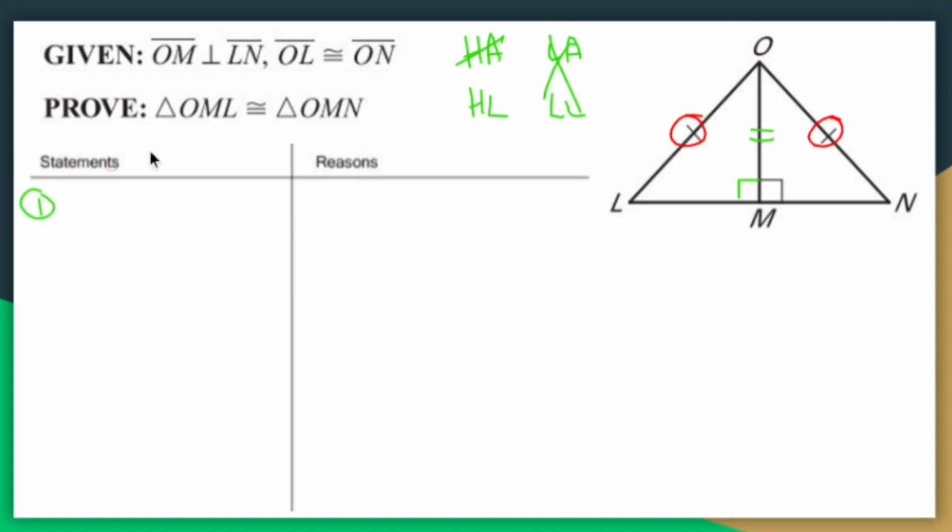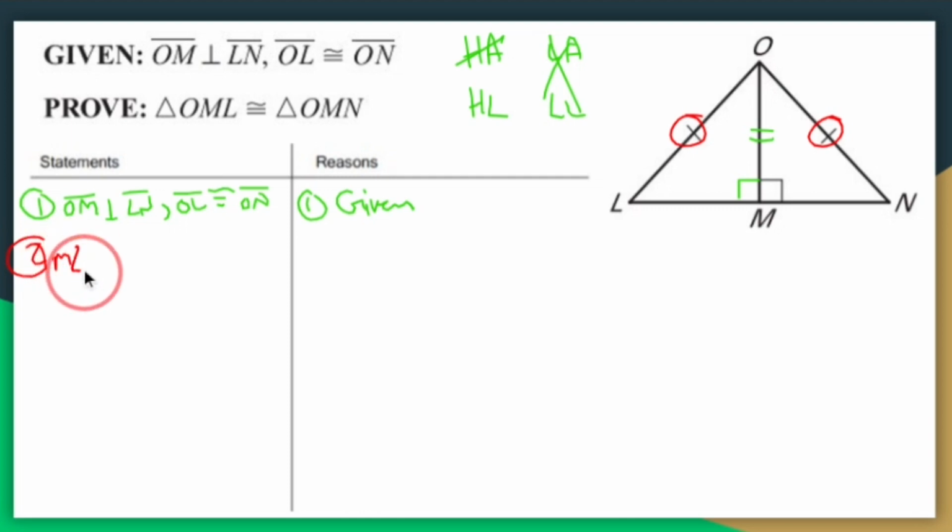Step number one is the fact that OM is perpendicular to LN and OL is congruent to ON. That's my given. Always start out with the given. Step two is that angle OML and OMN both measure out to 90 degrees.